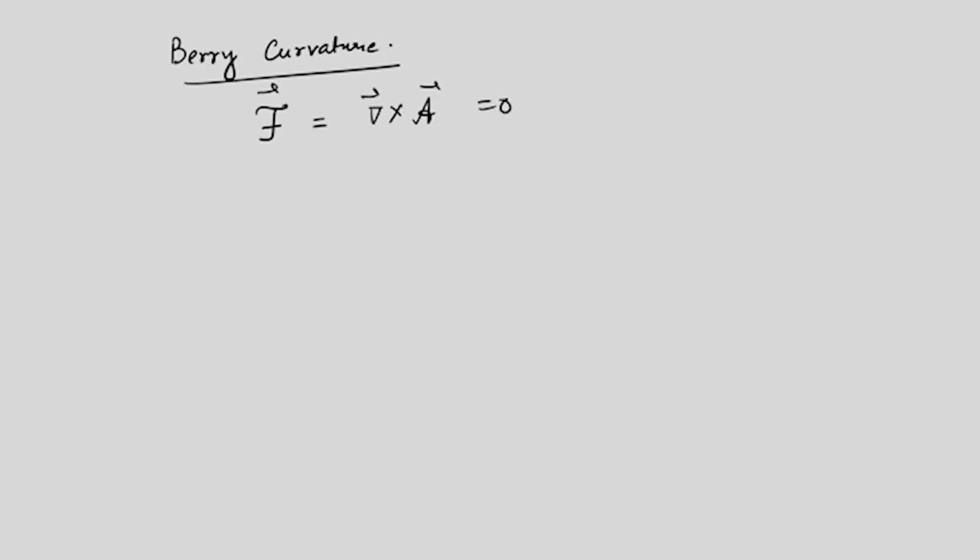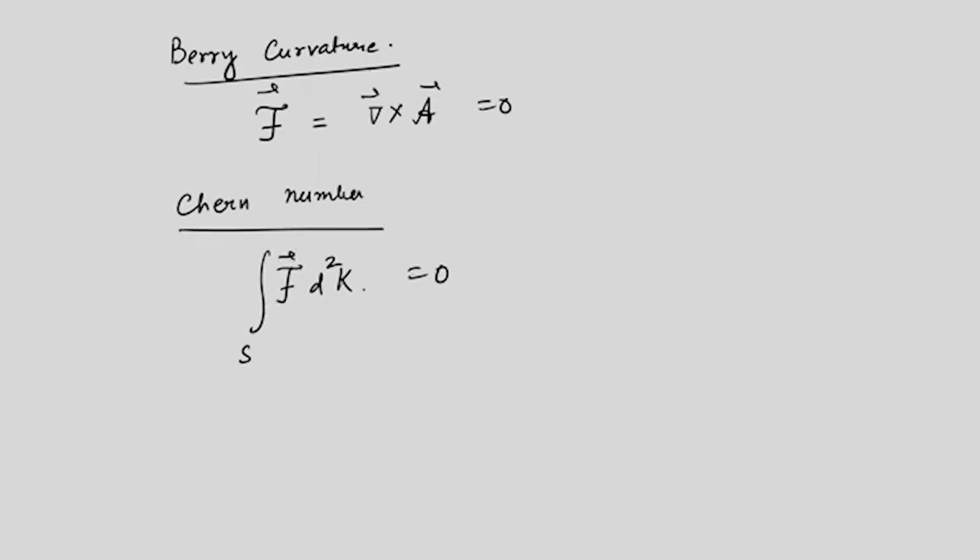So, if you take this curl in polar coordinates, you will see that this is equal to 0, and the Chern number automatically vanishes for graphene, because the Chern number is the integral of F d2k over the surface, and this is equal to 0 because the Berry curvature vanishes.